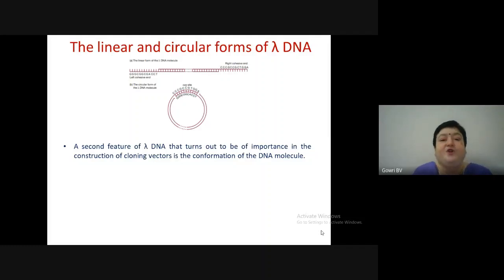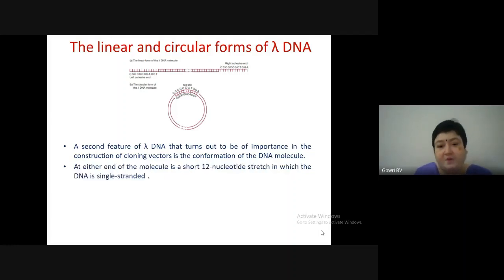A second feature of lambda DNA that turns out to be of importance in the construction of cloning vectors is the conformation of the DNA molecule. At either end of the molecule is a short 12 nucleotide stretch in which the DNA is single-stranded.